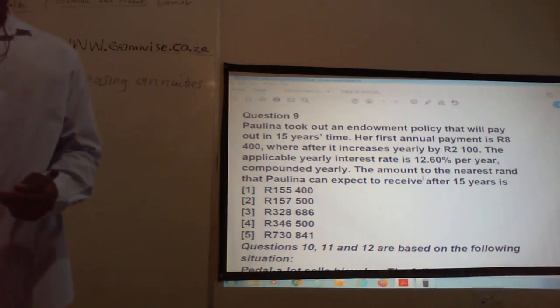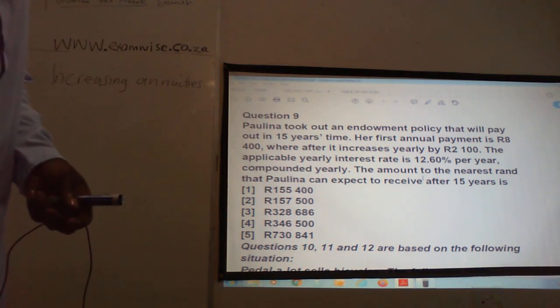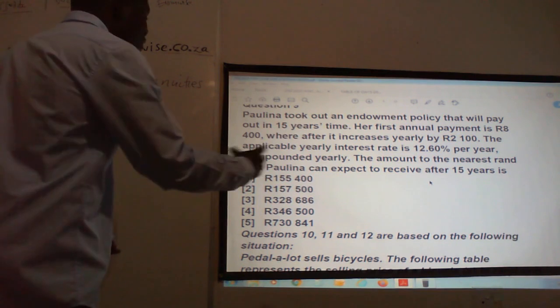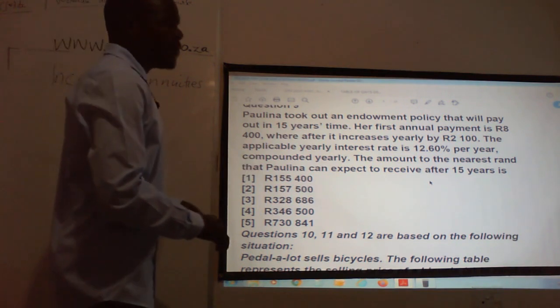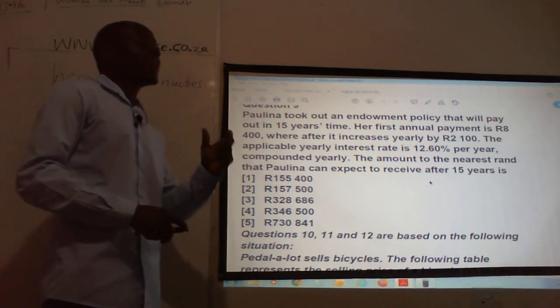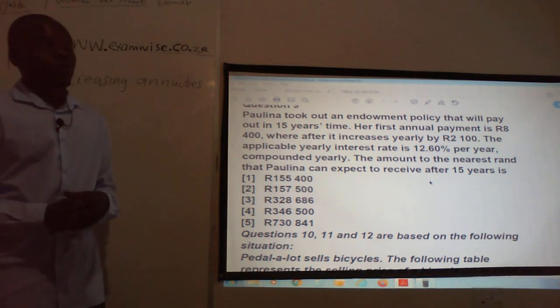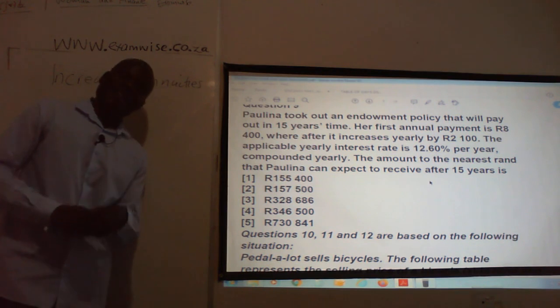So unfortunately, with an increasing annuity, we cannot use our financial calculators, but we can only use a formula. Fortunately, the formula will also be given in the exam.